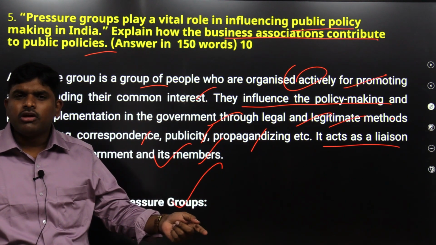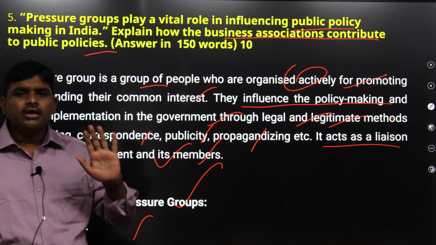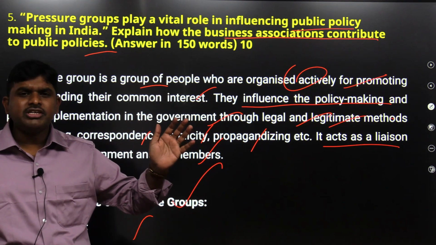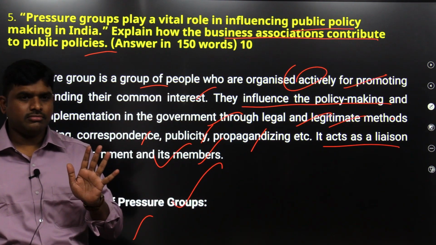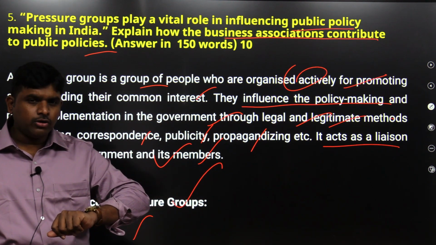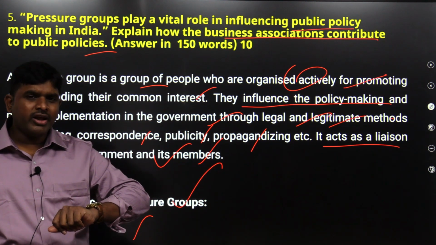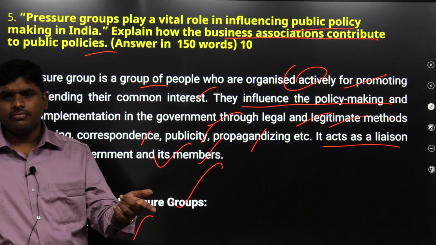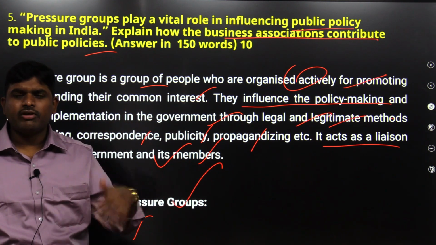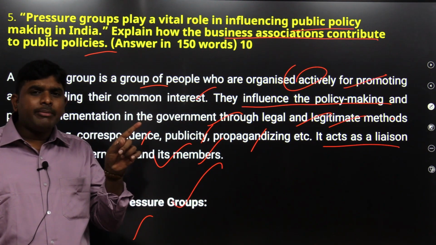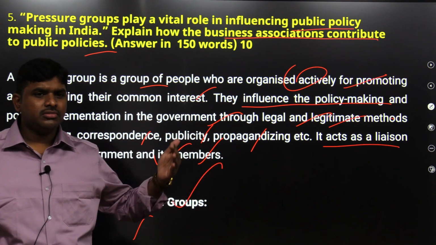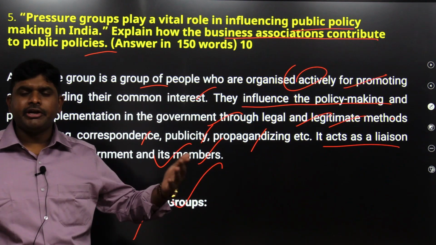But in the 2G spectrum case, the telecommunication minister changed the policy and said no auction, first come, first serve. So tomorrow early morning, 8 o'clock, the gates will be opened. Whoever comes and stands in the line, for them the allocation will be given. Why? What they mentioned was mobile penetration and internet penetration.